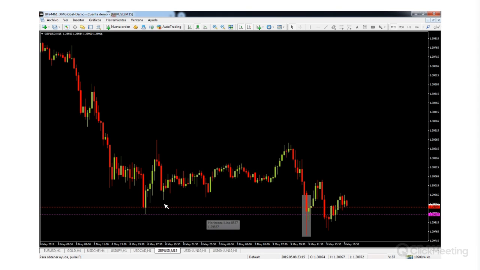I love magenta. The horizontal magenta line is the bottom of the move down. If you look closely, this candle just went below that level and then quickly came back. So I really do think that we got caught in a stop hunt.